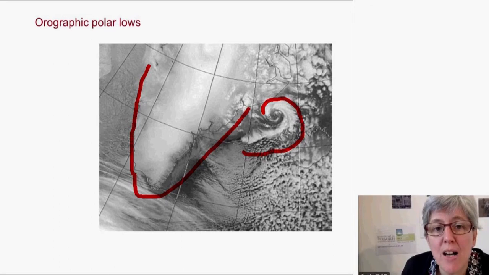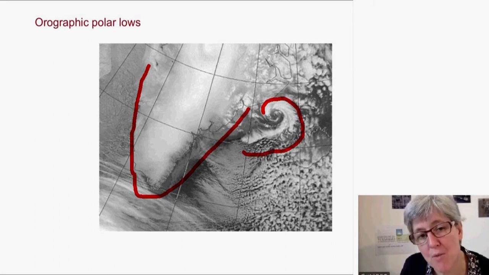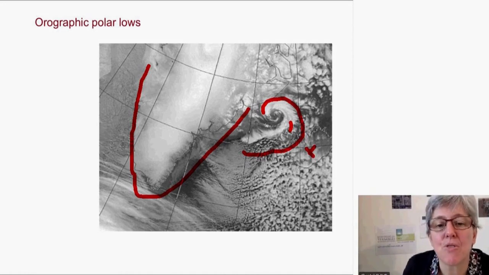When you have very strong winds blowing from over Greenland, arriving over the sea in this area between Greenland and Iceland, you get some kind of convergence, and this gives rise to polar lows. Again, you see the typical structures in clouds that we have for other polar lows. So this kind of polar low is called an orographic polar low.